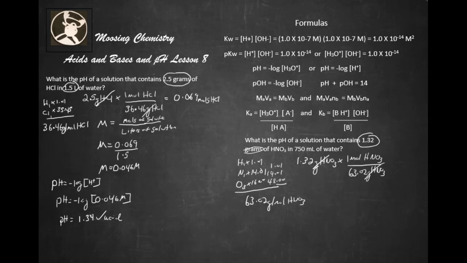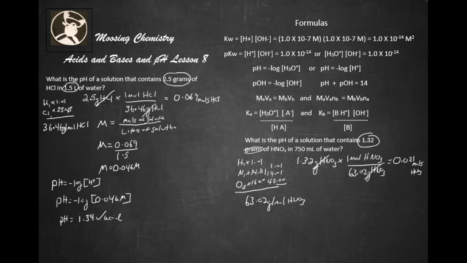That cancels out. So we take 1.32 divided by 63.02, and that gives me 0.02 moles of HNO3. You can put a 1 there if you want.